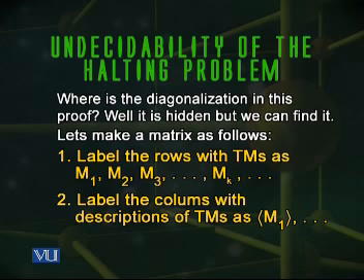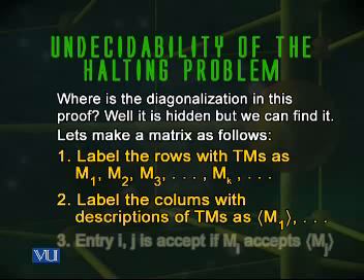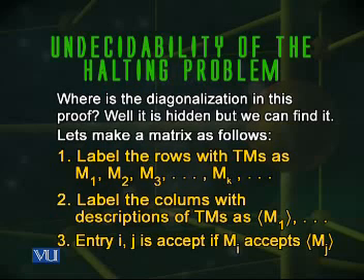So we put description of the first machine, label the first column with that, and second machine, label the second column with that, and so on. And let's take the jth entry of this matrix to be what the Turing machine Mi does if you give it the description of the jth Turing machine. So the jth entry is going to be accept if Mi accepts the description of Mj.